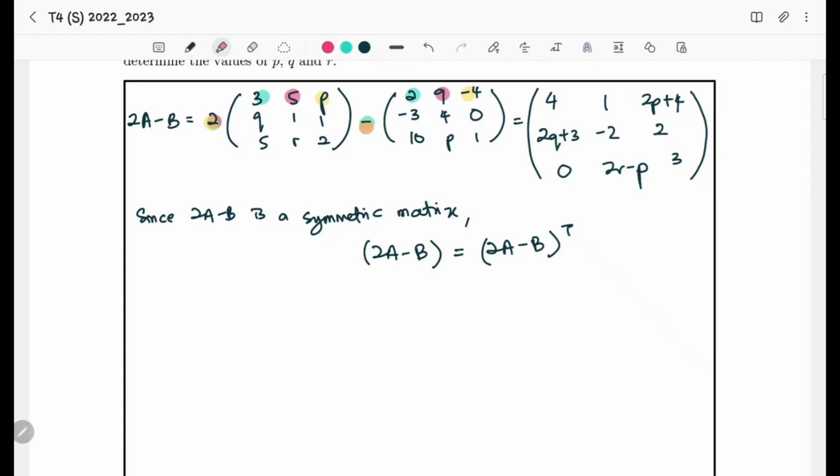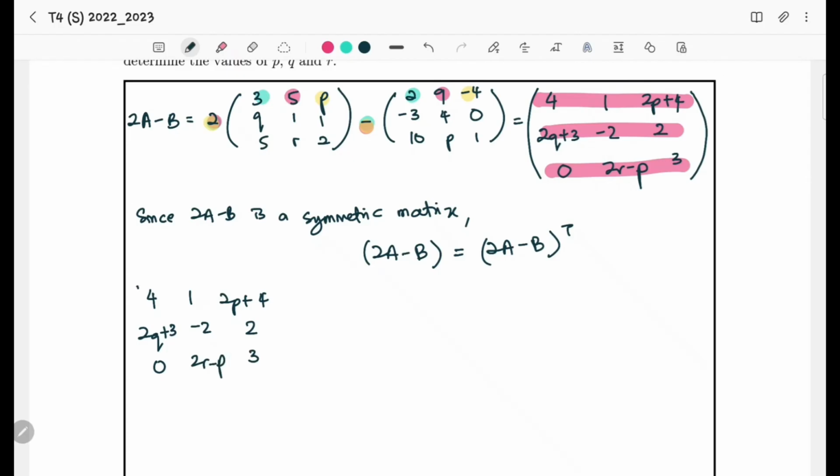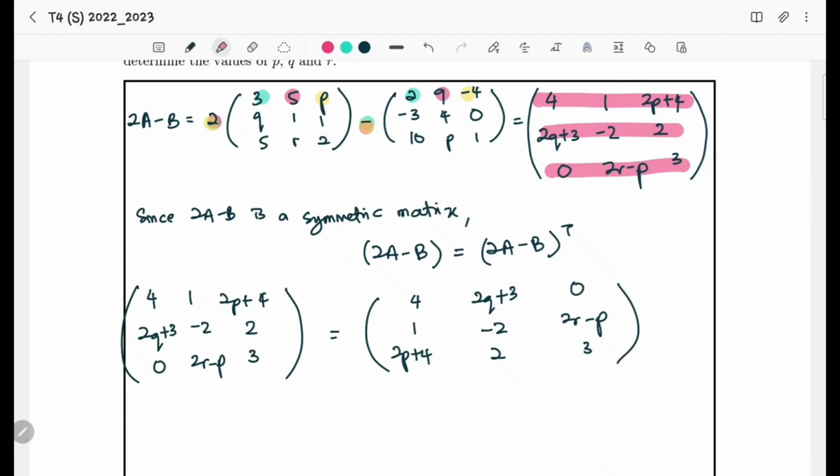So let's rewrite that as an equation. 1, 2P plus 4, 2Q plus 3, negative 2, 2, 0, 2R minus P, 3 is equal to 4, 1, 2P plus 4, 2Q plus 3, negative 2, 2, 0, 2R minus P, and 3.